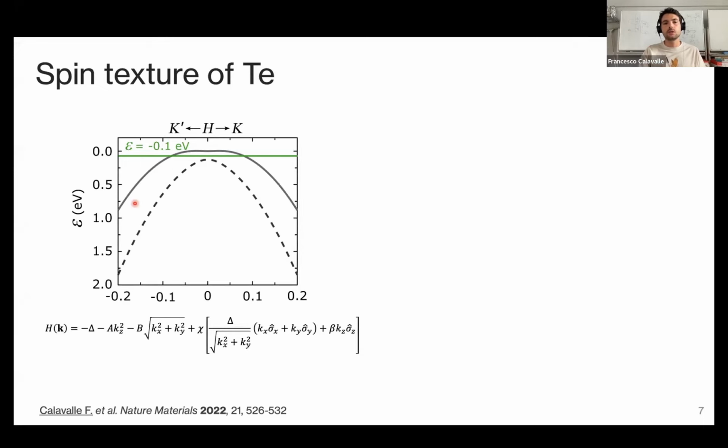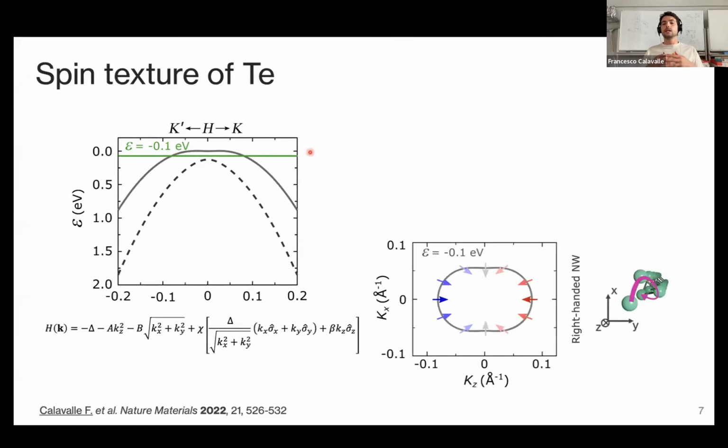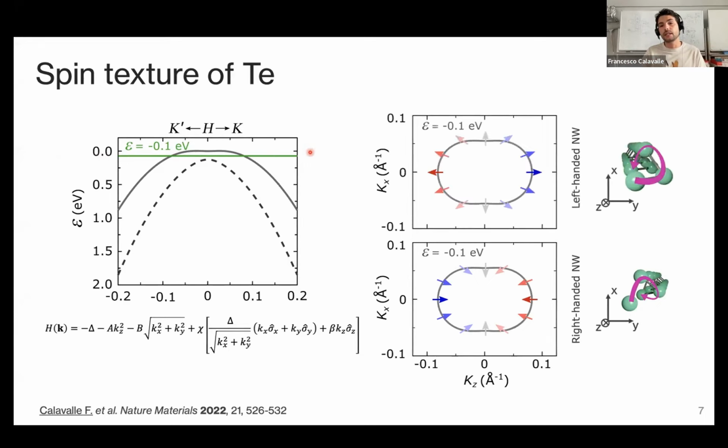And interestingly, if we take a cut of this at this energy here, we can see that this spin-momentum locking configuration gives us a spin texture which is quite unusual, and is a radial spin texture, unlike in Rashba systems where we may have a helical spin texture which goes tangential to the Fermi circle. Moreover, if we change the handedness of the wires, we have the reversal of the sign of this spin texture, which points inward or outwards depending on the handedness of the crystal.